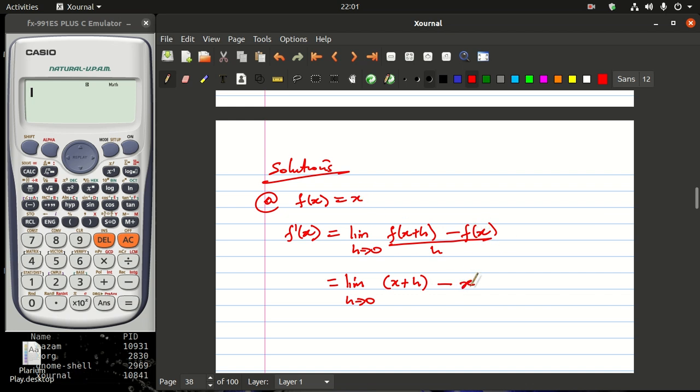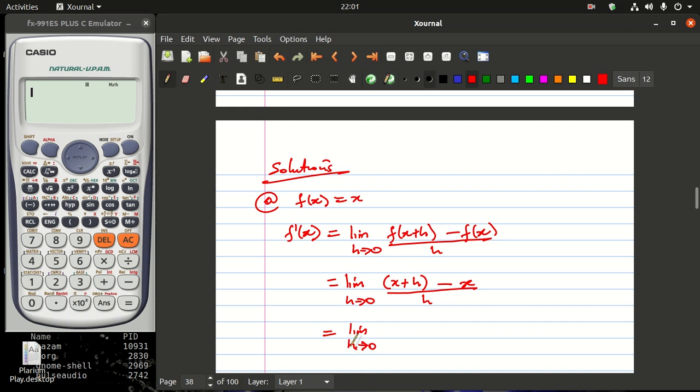So I'm going to say minus x all over h. This is the same as the limit as h approaches 0. No, this is not x, this is h. If I write x approaches 0, that is a mistake.